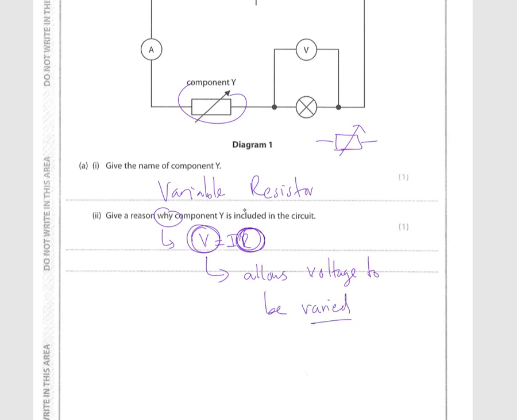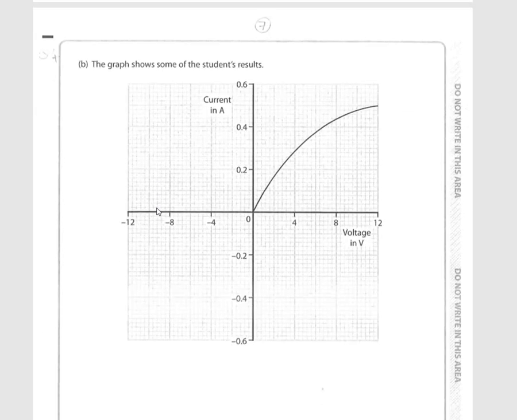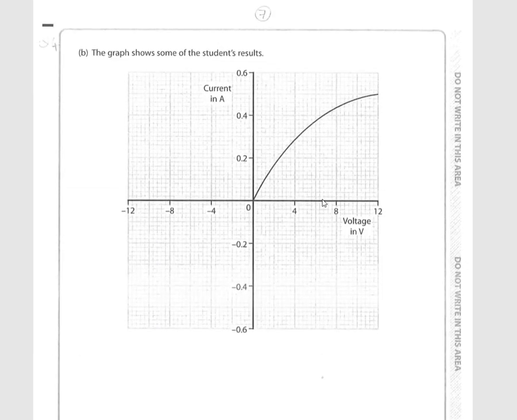By changing the resistance, we can change the voltage, how much energy goes through. Good. Okay, so current and voltage. We can see that as voltage is increasing, current increases until current becomes sort of even, so it doesn't increase anymore.